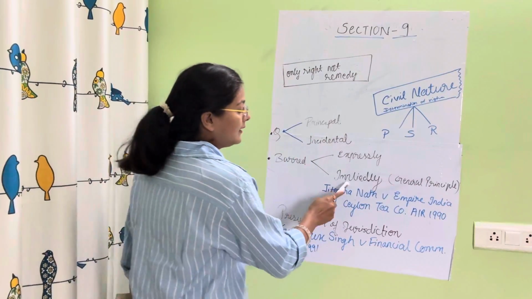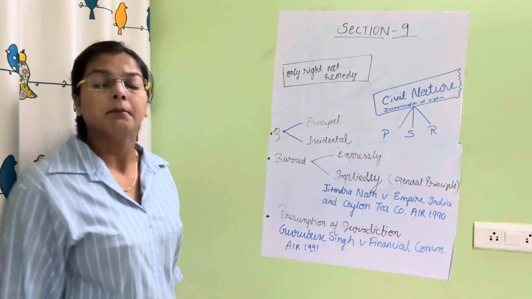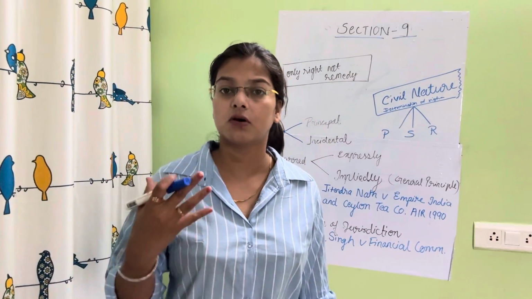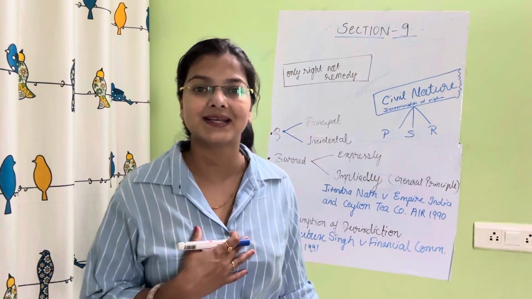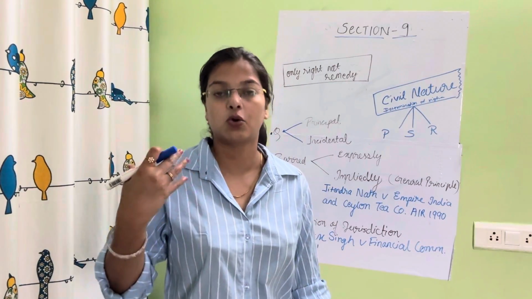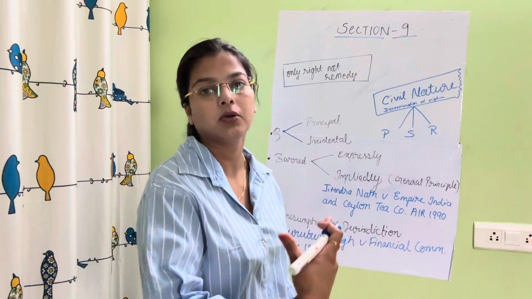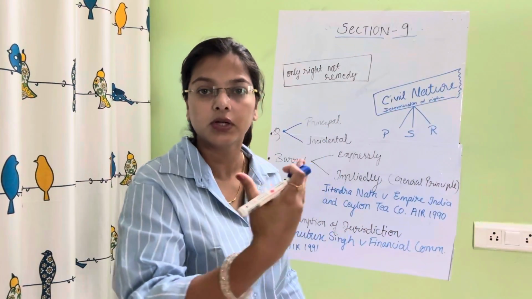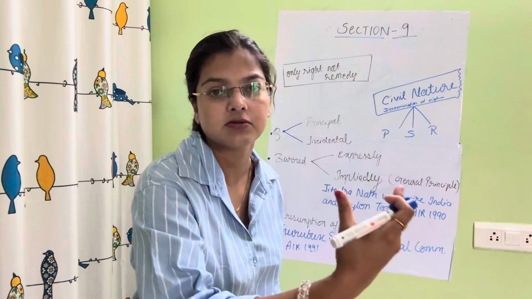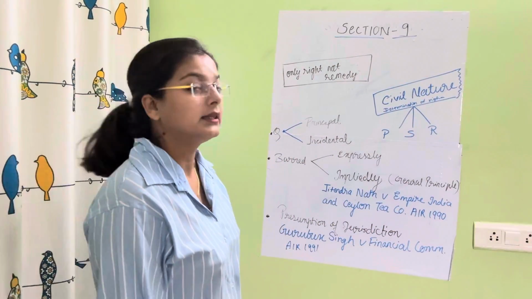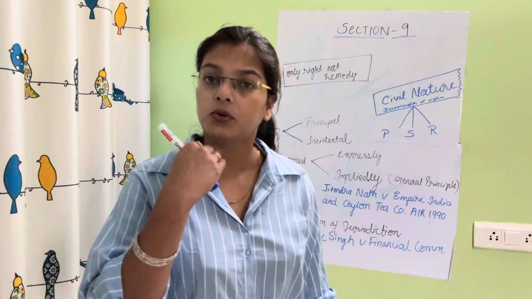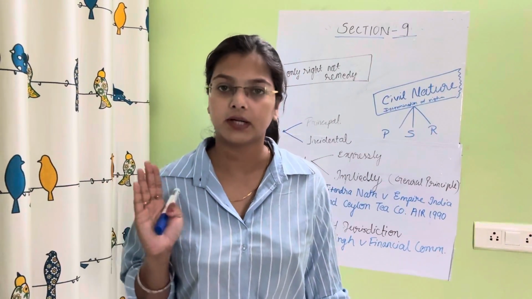What is impliedly barred? By the general principles of law, certain things are impliedly barred. That is, if I am a court of civil nature, I am not going to address a case of criminal nature. Or maybe the remedy for which you have come to this court, I cannot provide that remedy.